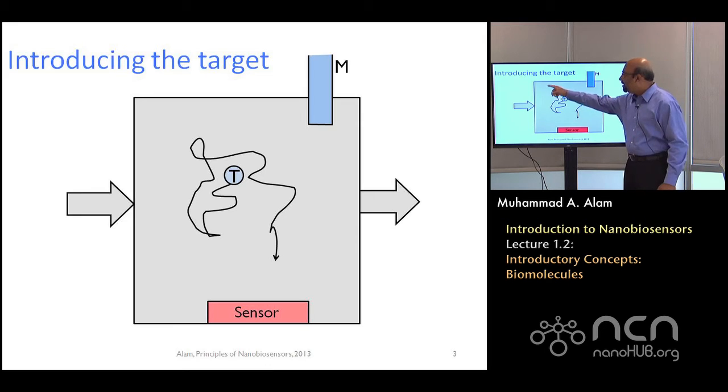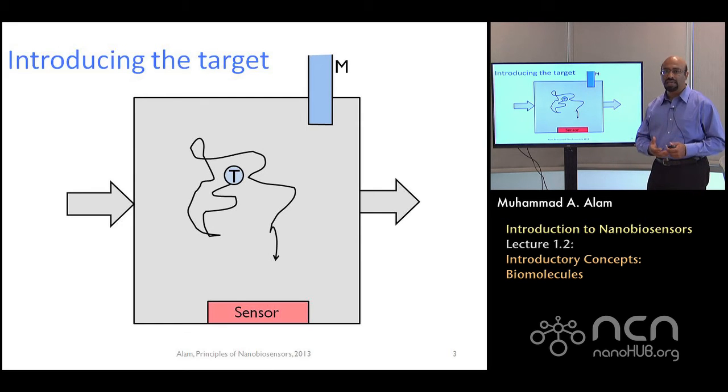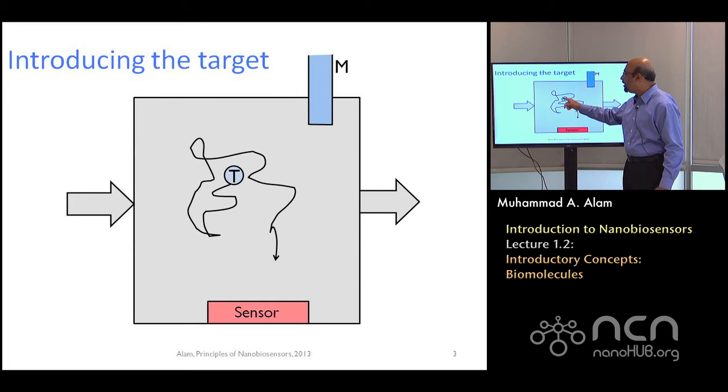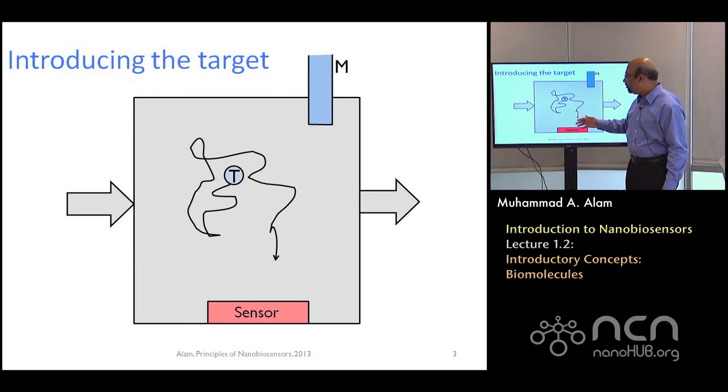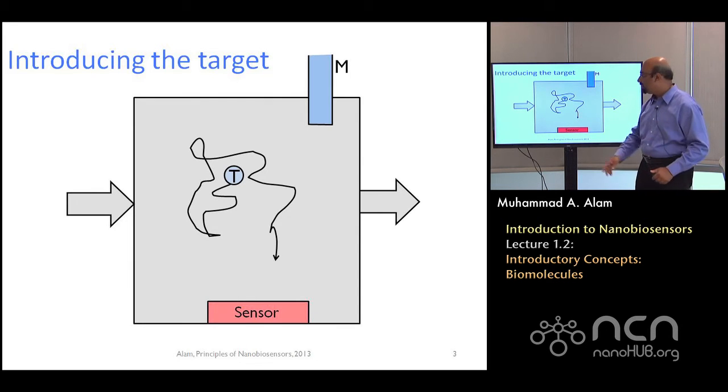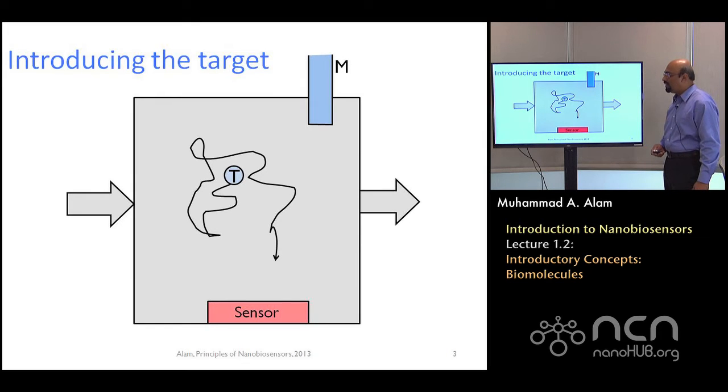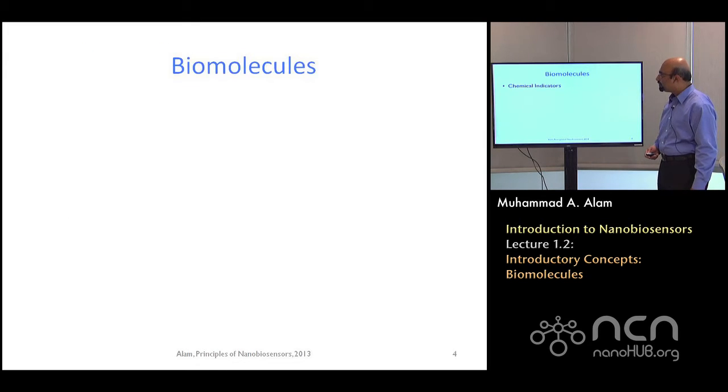Or in general, this box could also be a cell within which a protein molecule is moving around and getting latched onto another protein or one of the escape routes, for example, the ion channels that it could go through. So therefore, this is a very generic system that we'll be considering as a framework of our discussion, but I want to get started with the molecule itself, the target molecule T.